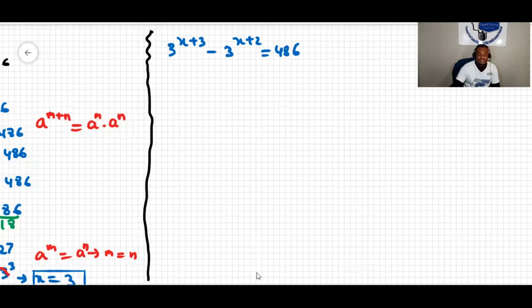The fact that the base is 3 and the exponents are x plus 3 and x plus 2, we can take the highest common factor this way. We can write 3 to the x plus 2 times 3 to the power of 1 minus 3 to the x plus 2 equal to 486. Why? Because of the same reason as before.